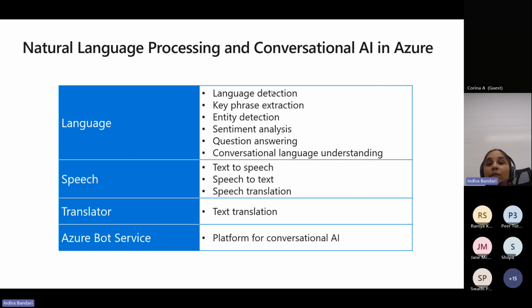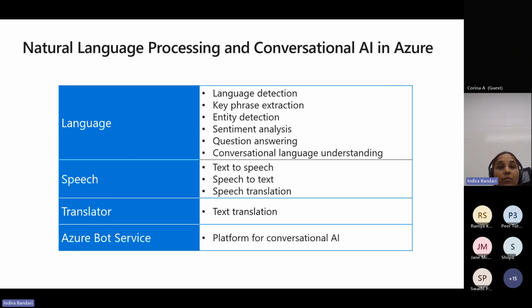The language service can detect the language, whether it's French or German or English or Hindi or whatever. Key phrase extraction: what are the key phrases being used in the text that you have provided? You also have entity detection: what are the entities, for example people, places, something like that. And sentiment analysis, which we already discussed, whether the text provided has a positive, negative, or neutral sentiment.